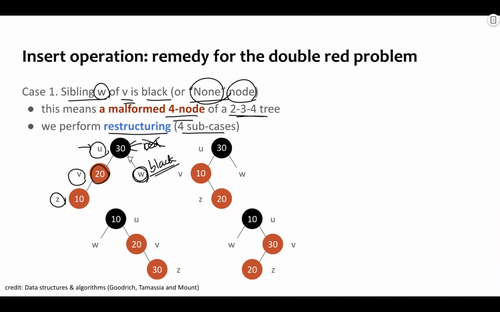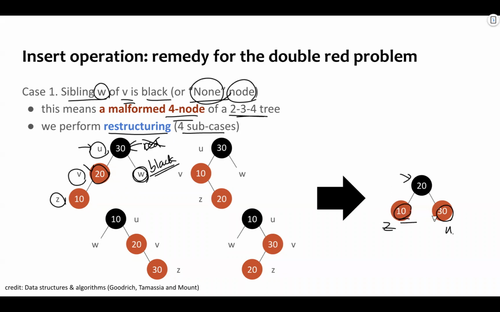and in this case, this one is just a malformed 4-node. And we can just restructure into this form. So now 20 becomes the new parent as black, and then 10 and 30, Z and V, U become new children like this.